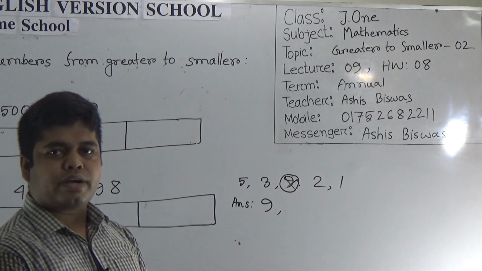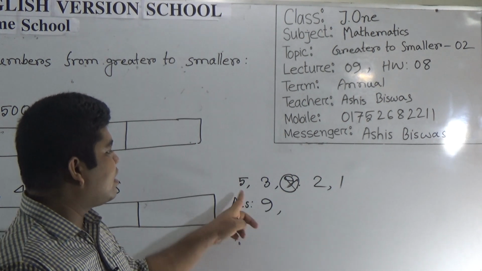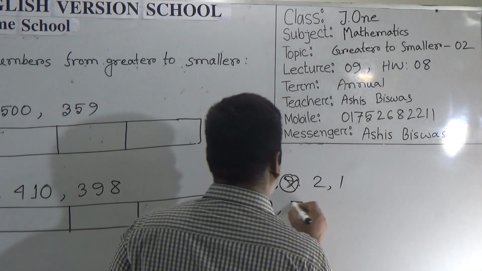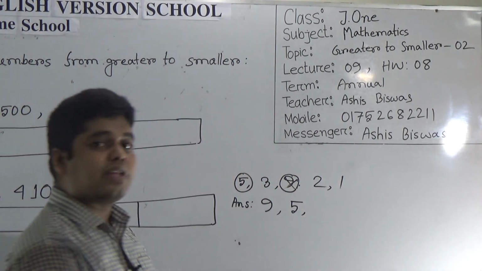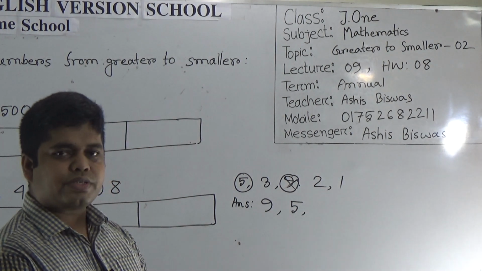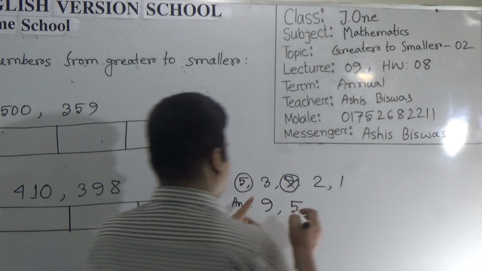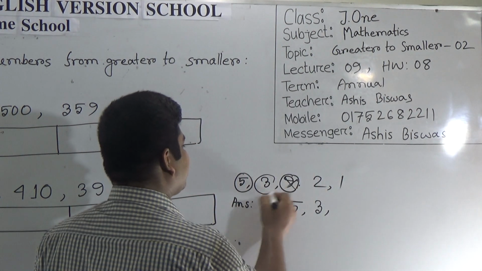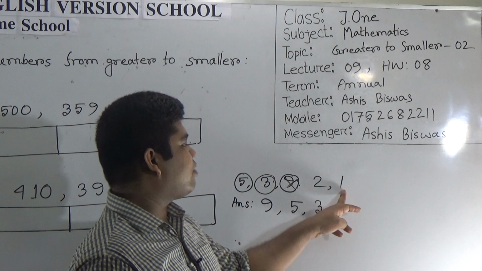From these 4 numbers, next which number is greatest? Greatest number is 5. So next we write number 5. Then left which numbers? 3, 2, 1. From these 3 numbers, which number is greatest? Greatest number is 3. So 3 is done. Next 2 and 1.